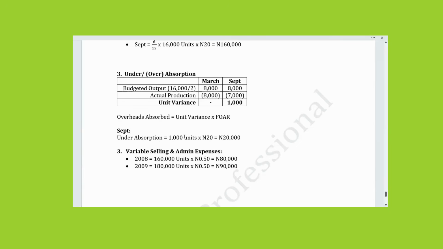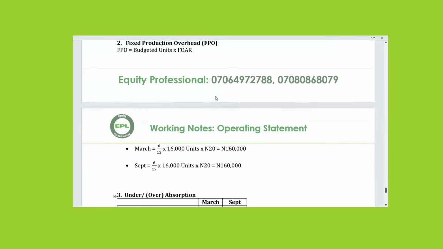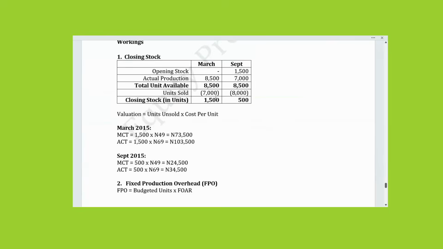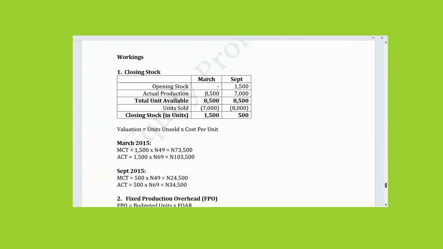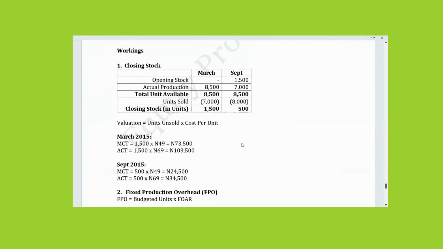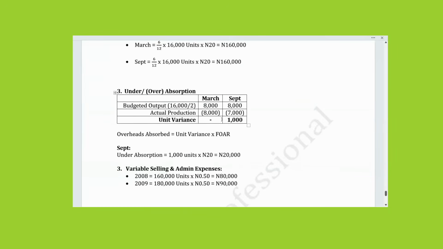Okay. Production in March, is it 8,500? Let me check here. Yes, thank you. It's 8,500. Sorry about that. So you can see here that in March, the budgeted output is less than the actual production.